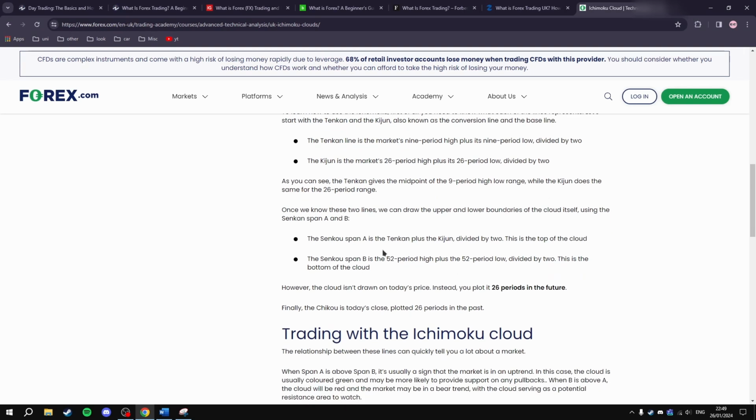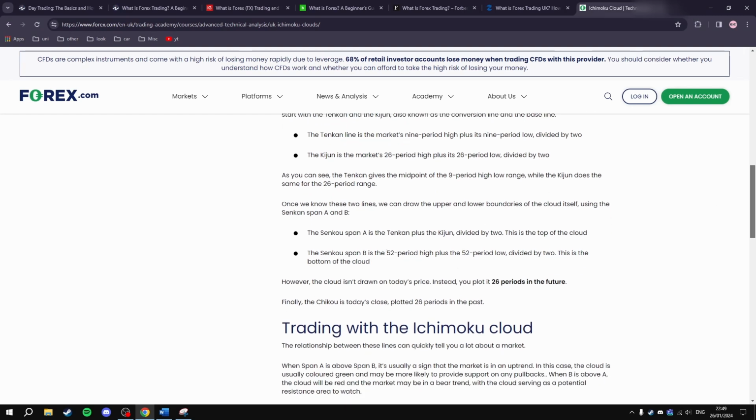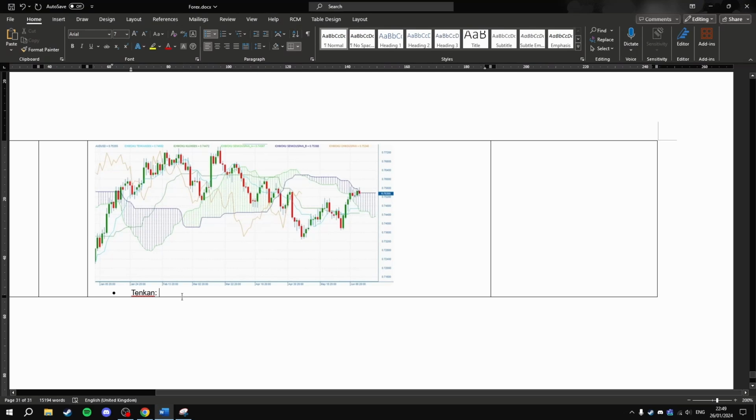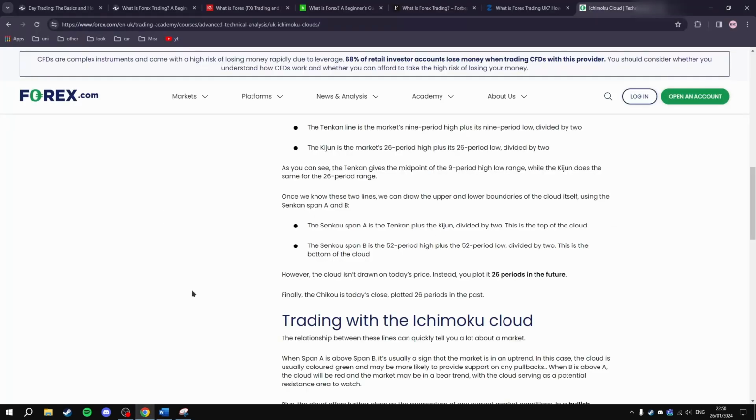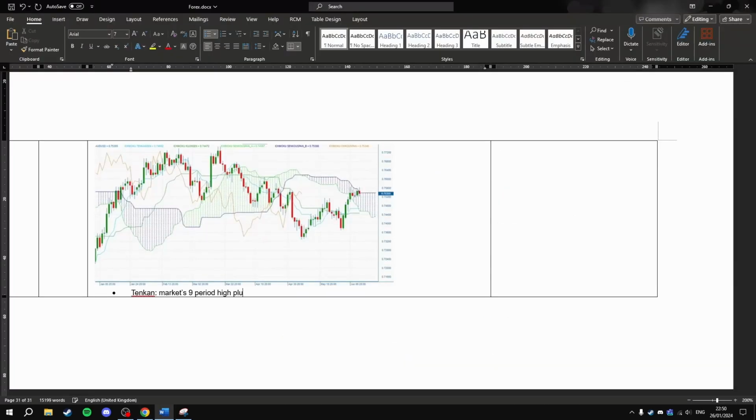The Tenkan line is a market's 9-period high plus its 9-period low divided by 2.